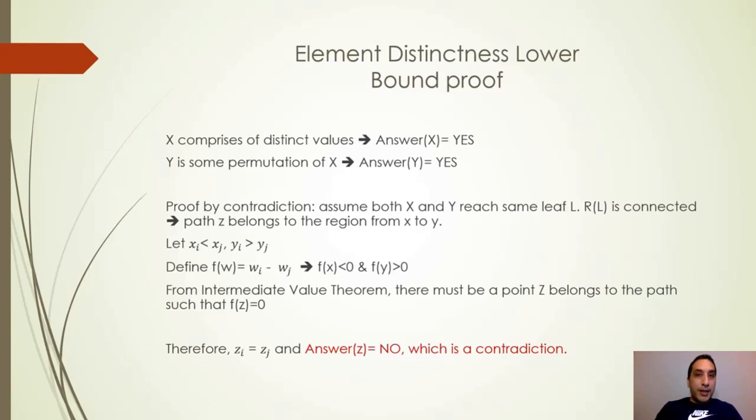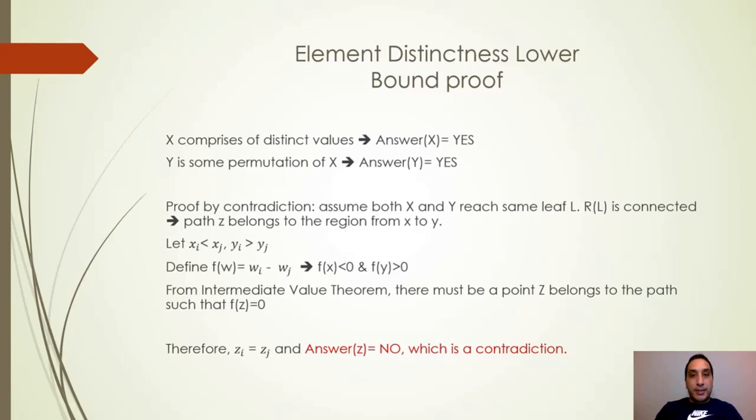which means the elements are not going to be distinct, and therefore the path that z takes is going to end in a no leaf, and therefore the answer of z is going to be no, which is a contradiction since x and y are both going to reach the same yes leaf, and the region is connected, then z should also end with a yes leaf.